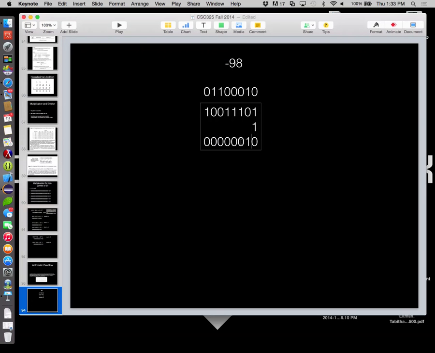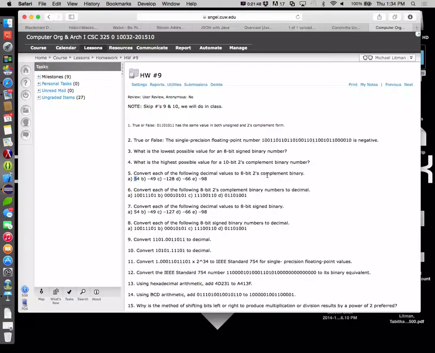So now we drop down the 1. Then we have 3 more 1s. So this is our answer. Negative 98: 1, 0, 0, 1, 1, 1, 1, 0. Okay. That it for that question? All right, questions on that one?